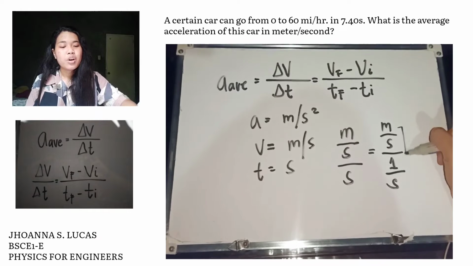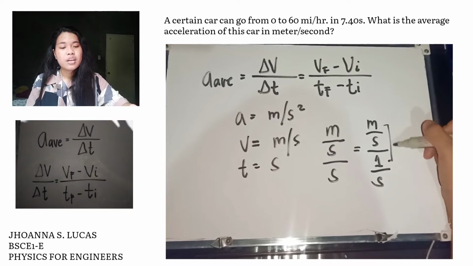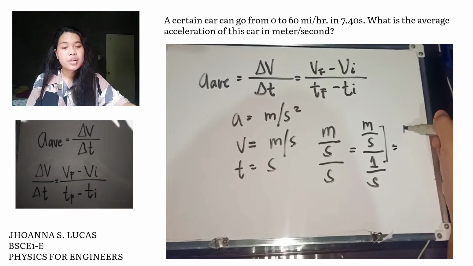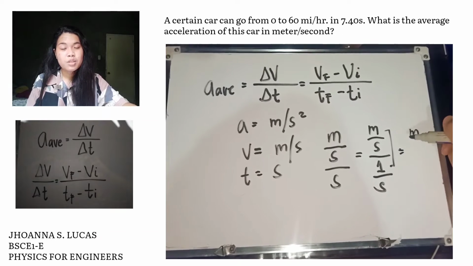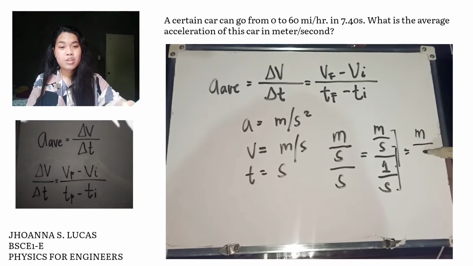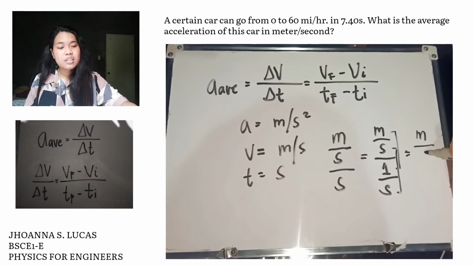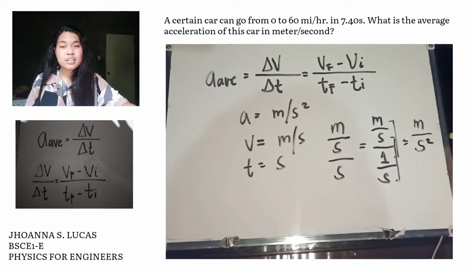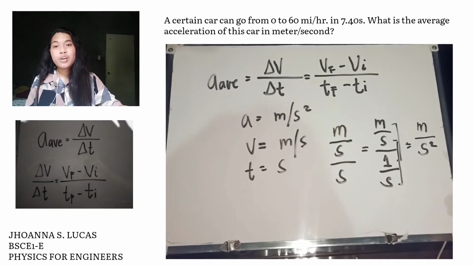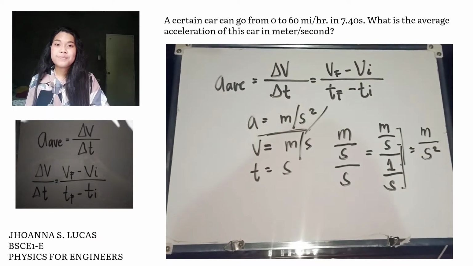So meter times 1 is m, over second times second, which is equal to second squared. So our unit in acceleration is meter per second squared.